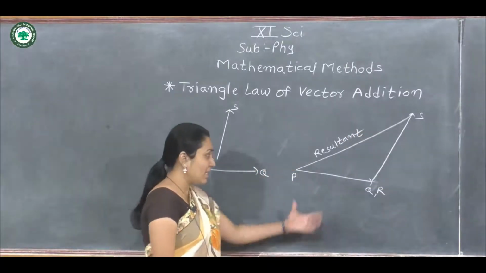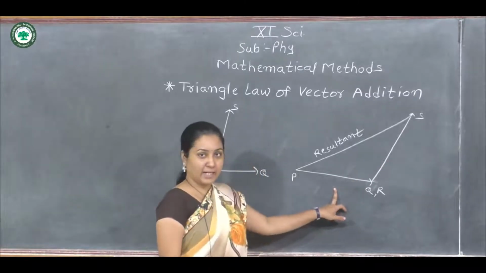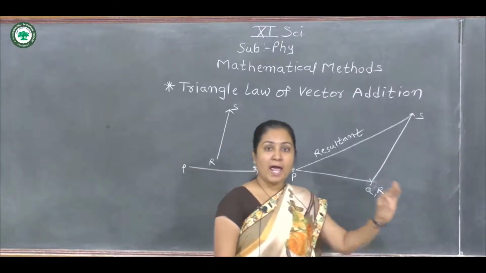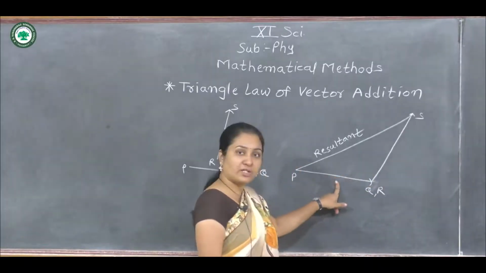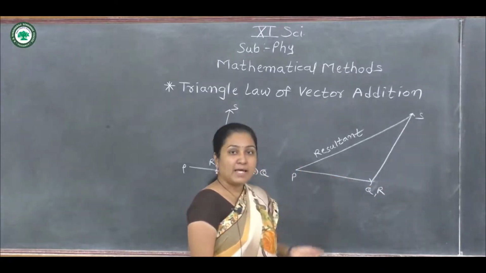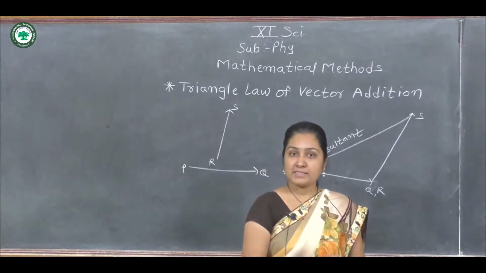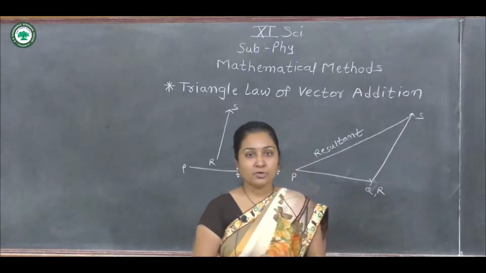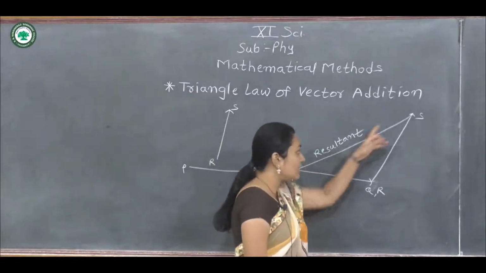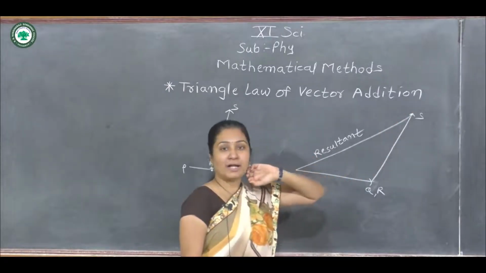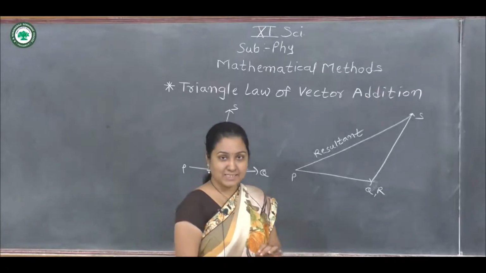That means if two vectors are represented in magnitude and direction by two sides of a triangle, then their resultant vector is represented in magnitude and direction by the third side of a triangle drawn in opposite sides.